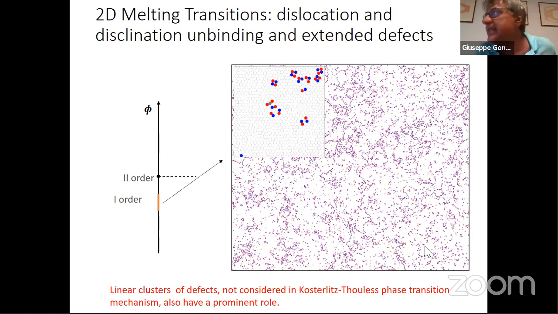The first new result in this context is that we have shown that not only do you have isolated defects, but you also have percolation of clusters of defects at the central point of this coexistence region.